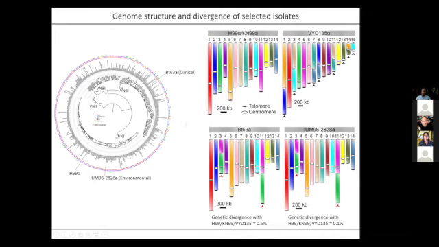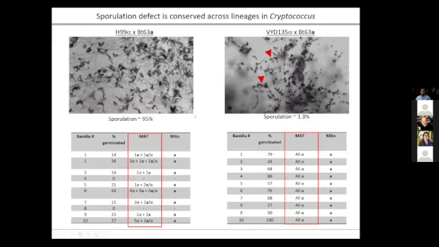Now, in addition to having this genetic divergence, which is about 0.5% for BT63, it also has one additional reciprocal translocation, which basically makes it one step harder for BT63 to cross with the 135 strain. So we thought this would work out in a similar fashion as we had expected. And that's exactly what happened.